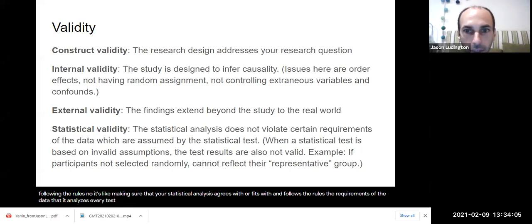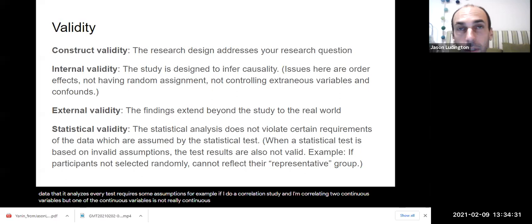Every test requires some assumptions. For example, if I do a correlation study, and I'm correlating two continuous variables, but one of the continuous variables is not really continuous. Like it's group 1, group 2, group 3. And I'm trying to do a correlation between group number and happiness.